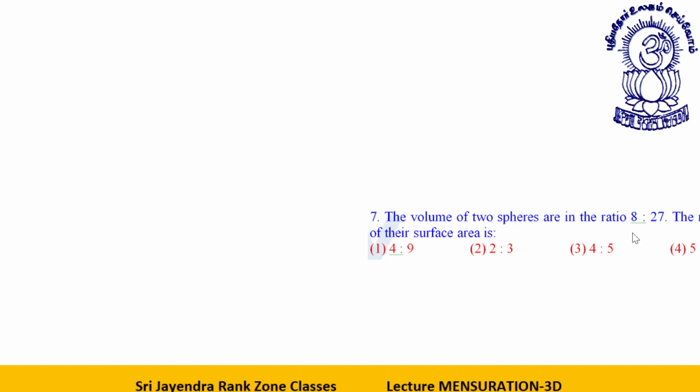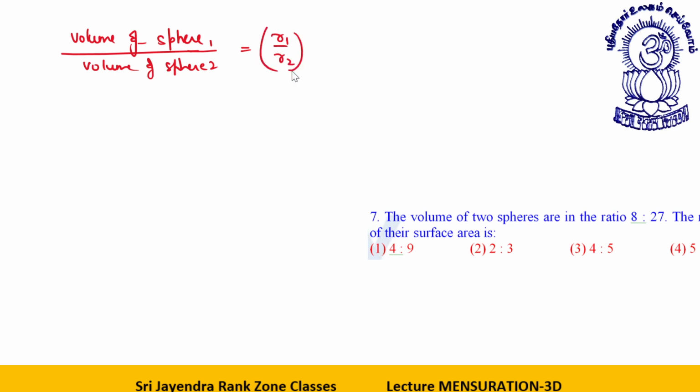The volume of two spheres are in the ratio 8 is to 27. The ratio of their surface areas directly. Volume of sphere 1 upon volume of sphere 2. That will be what? That will be r1 by r2 cube directly. This is given to you as 8 by 27. Or I can say r1 by r2 cube will be 2 by 3 cube.